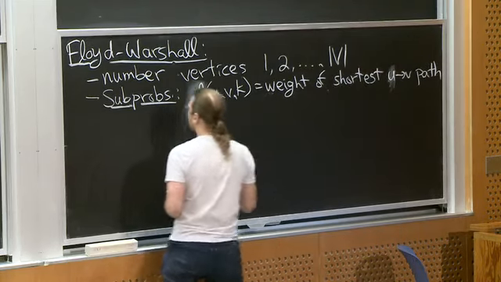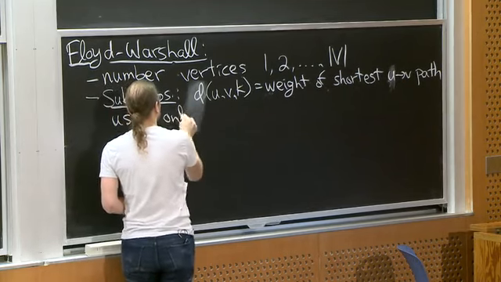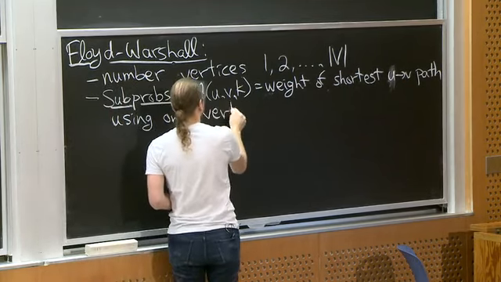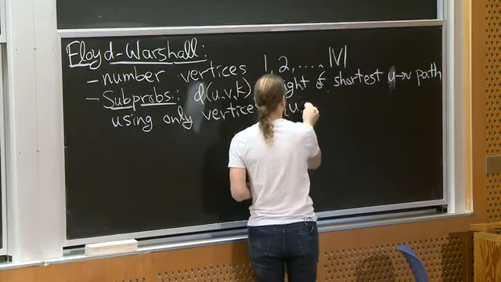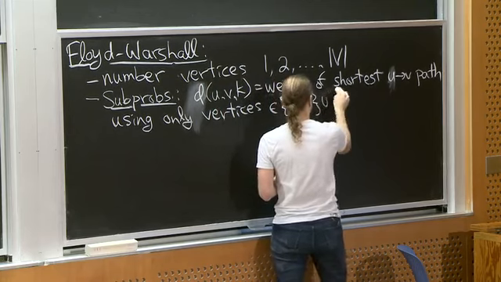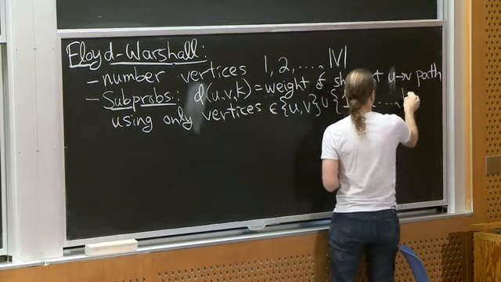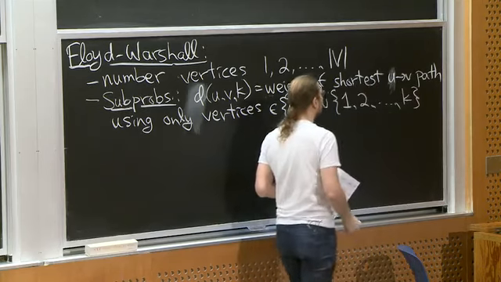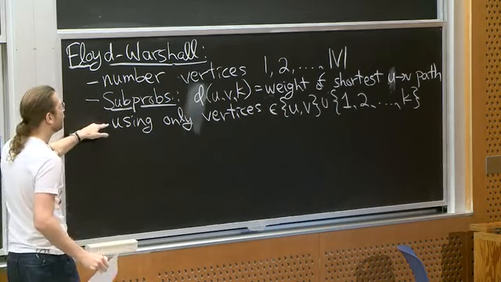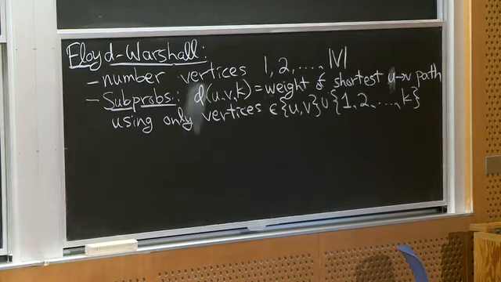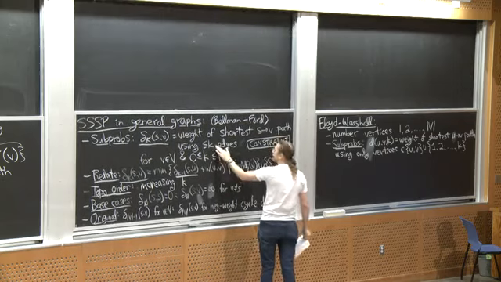But I'm going to add a constraint, which is using only vertices in u, v, and 1, 2, up to k. So this is the divine inspiration to define subproblems this way. It's a different constraint than the one we saw here, which was using at most k edges.